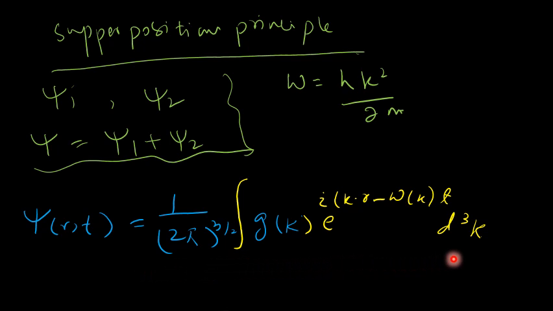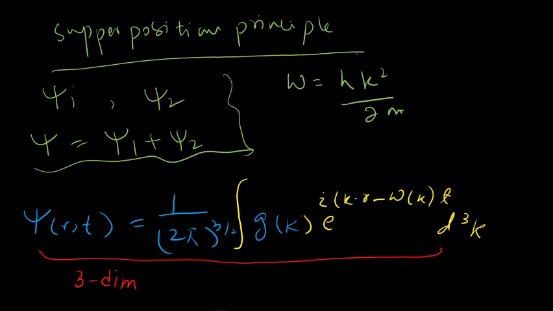So this equation will also be square integrable. Any wave function which is a superposition of plane waves is called a three-dimensional wave packet. So this equation is representing a three-dimensional wave packet.